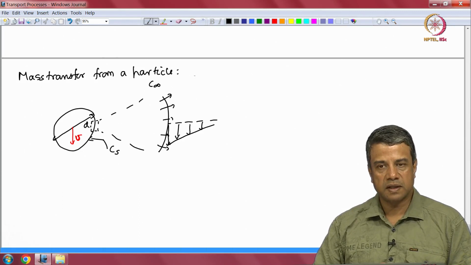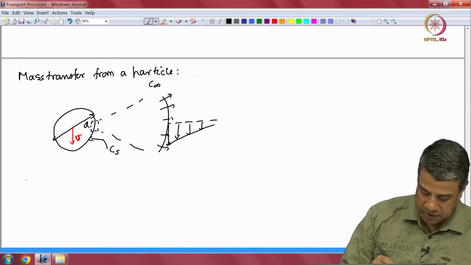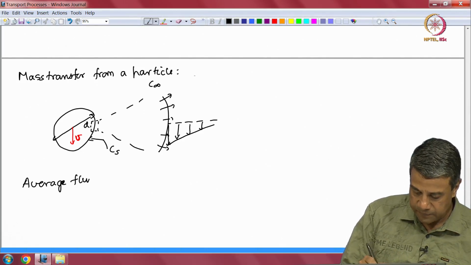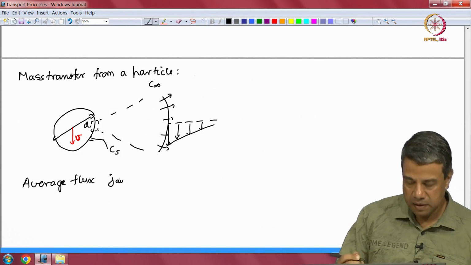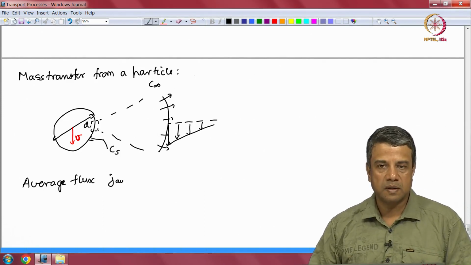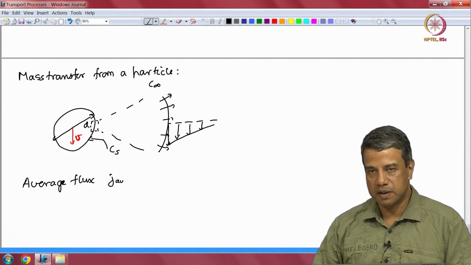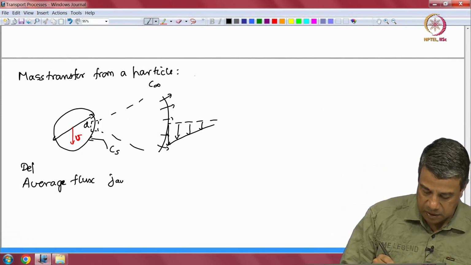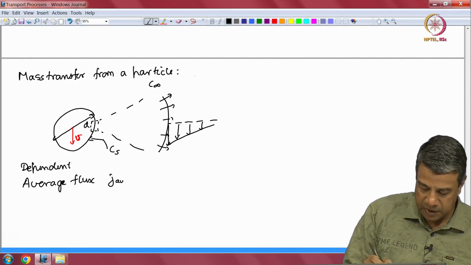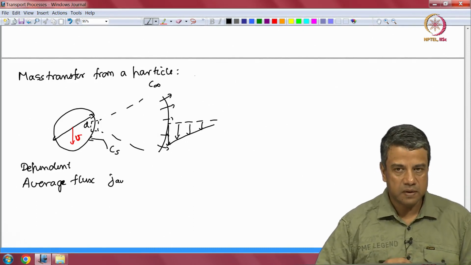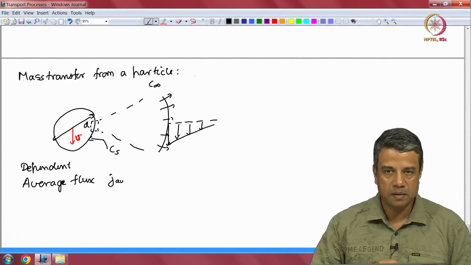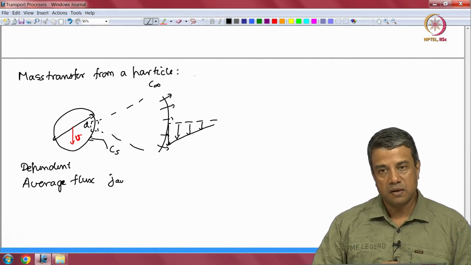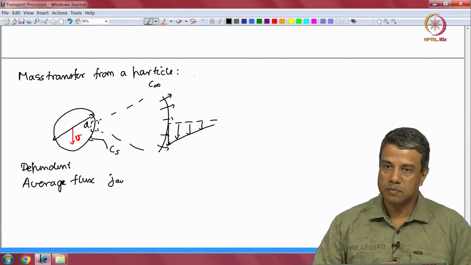Correlations are usually written for an intensive quantity, which is the average flux, J_AV, the mass transported per unit area per unit time of the particle surface. So, that is the dependent quantity. The dependent quantity is the average flux J_AV, and you would multiply this flux by the total surface area to get the total mass transported per unit time.